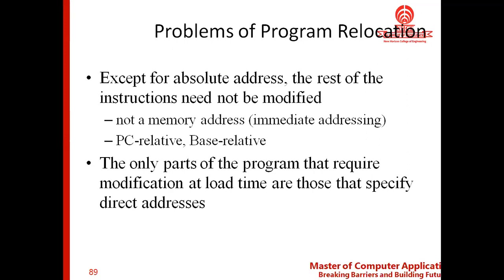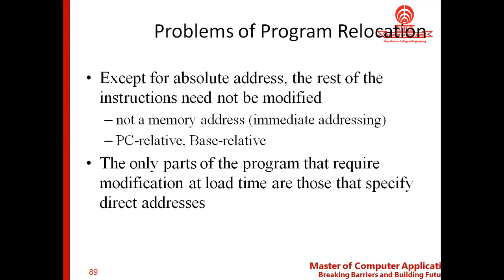What are those instructions? Those instructions which use either the program counter or the base relative, wherein the displacement is calculated. The displacement is not going to change, the distance is not going to change, the offset is not going to change. Irrespective of the starting address, the displacement will be as it is.